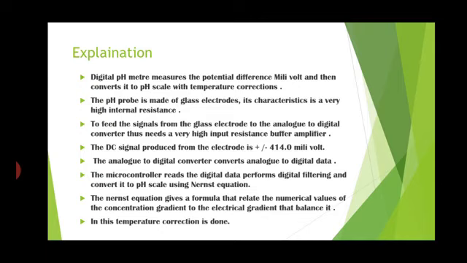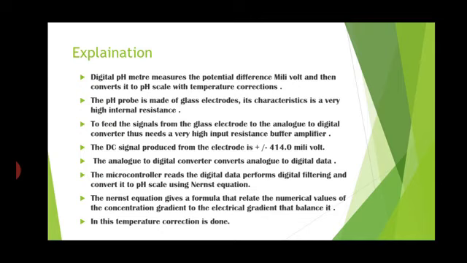To feed the signals from the glass electrode to the analog to digital converter, it needs a very high input resistance buffer amplifier. The DC signal produced from the electrode is plus or minus 414.0 millivolts.